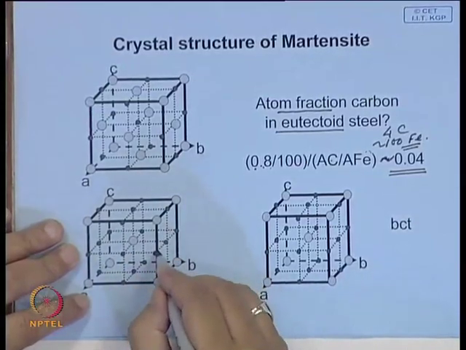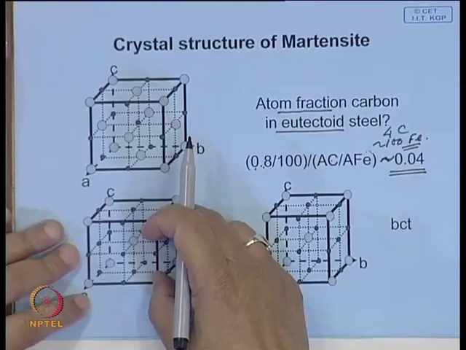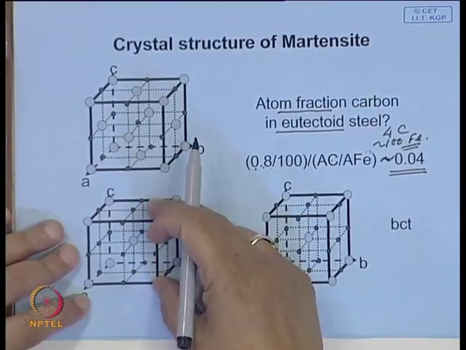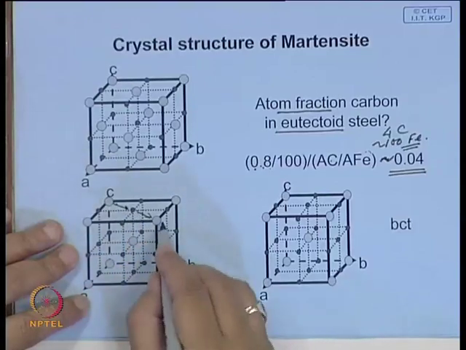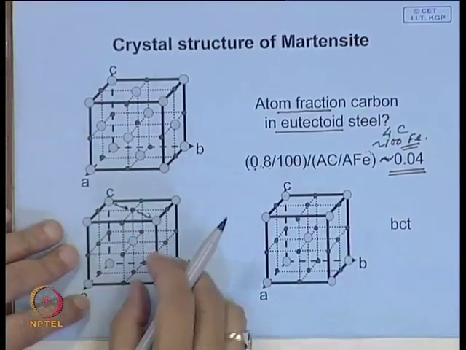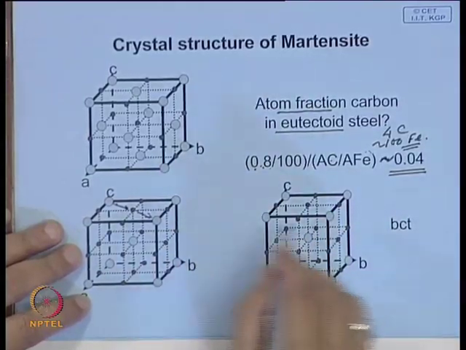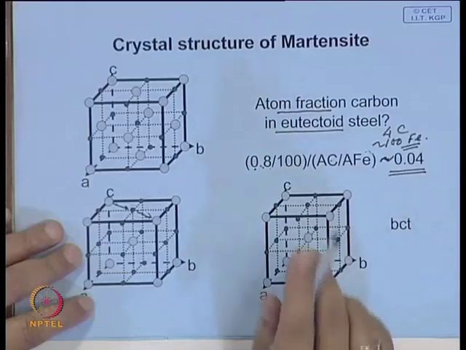But what happens if you do the same thing here? What I mentioned is if you have a site here, this gap is very small. So, this will try to expand, whereas this side is much larger than this gap. Therefore, this lattice, if you want to keep more carbon in it, will get distorted.